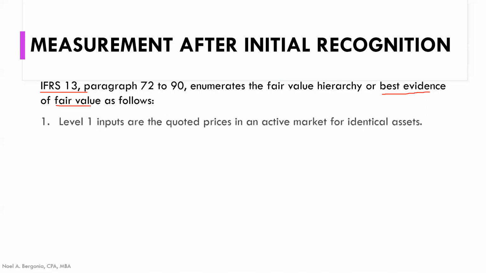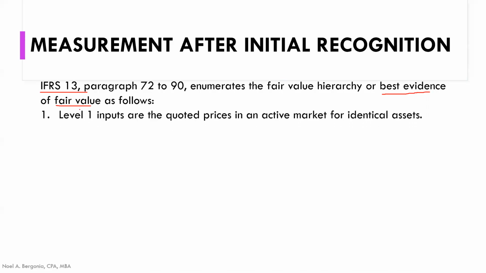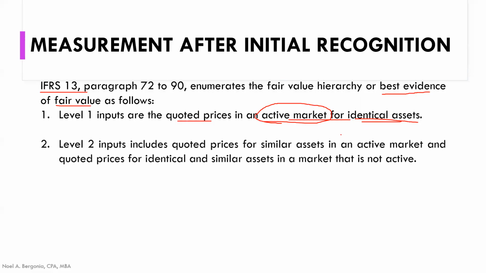Okay, so the first level, or the priority, would be the quoted prices in the active market for identical assets. So identical assets dapat, and base it on the active market. So if there is none for level 1 inputs, then let's proceed with level 2.